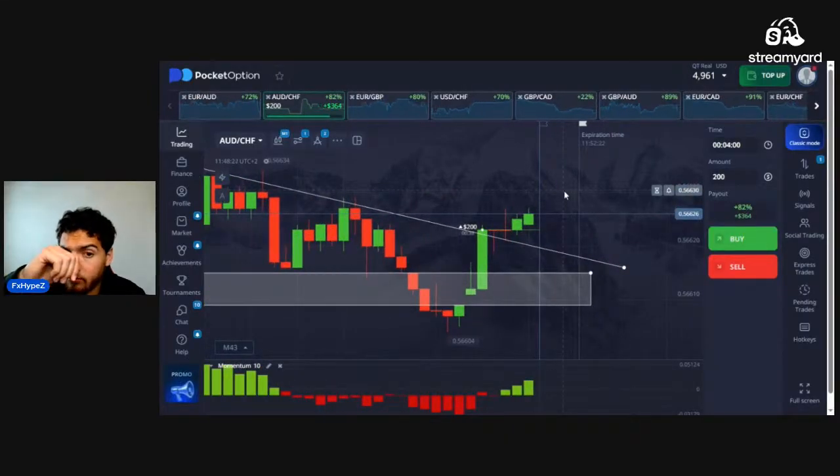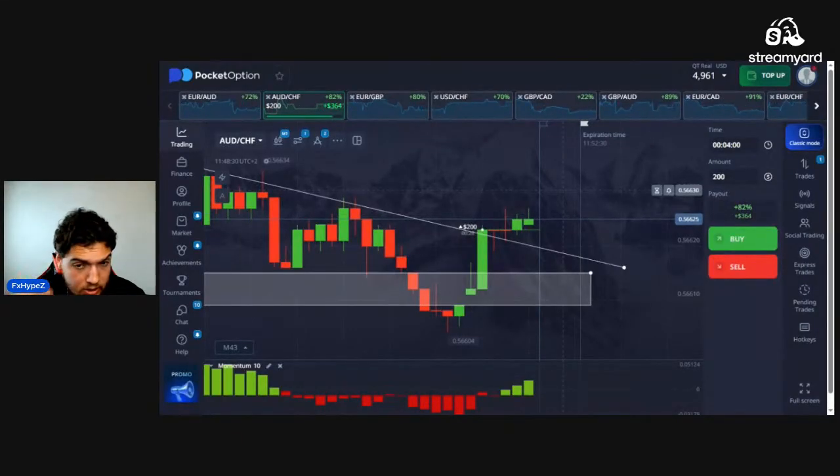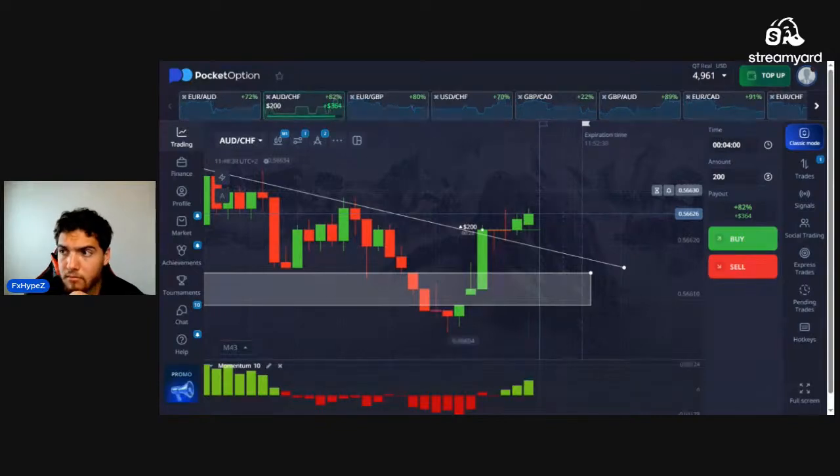Yeah, with the way the price is moving at the moment, I'm pretty confident this one will play out. It's going to be close. It'll be, what, 2-3 points? There we go.